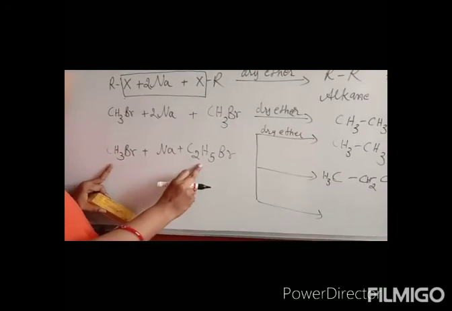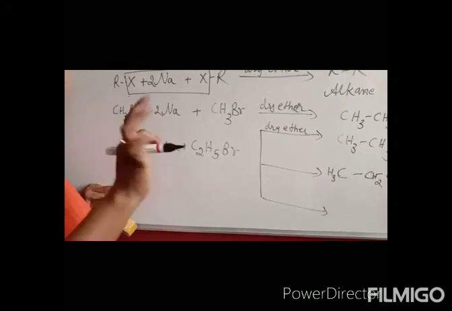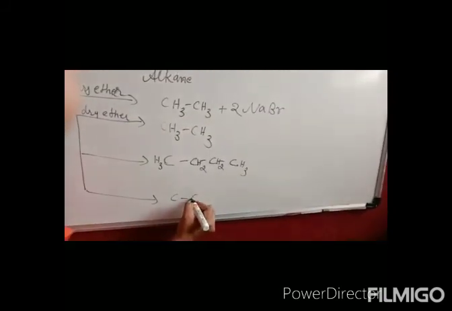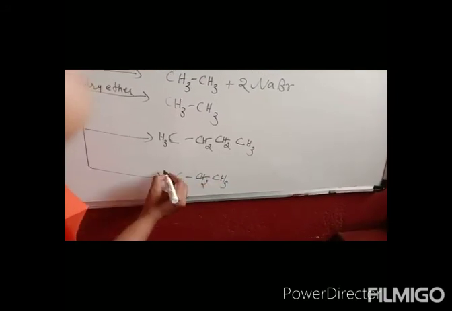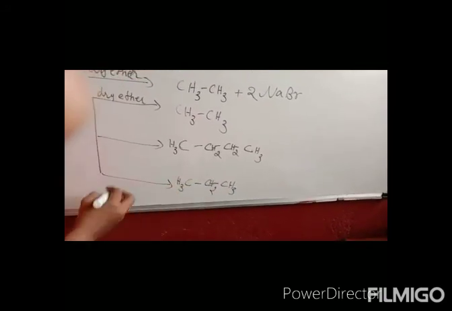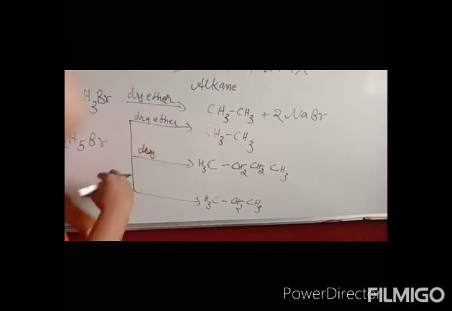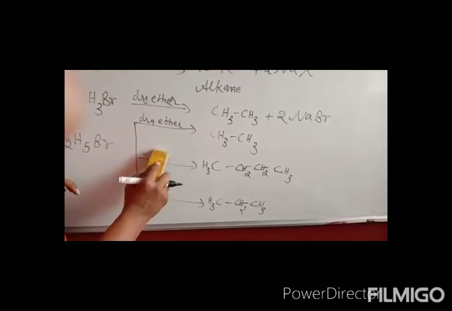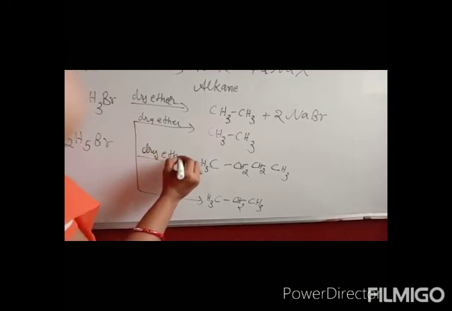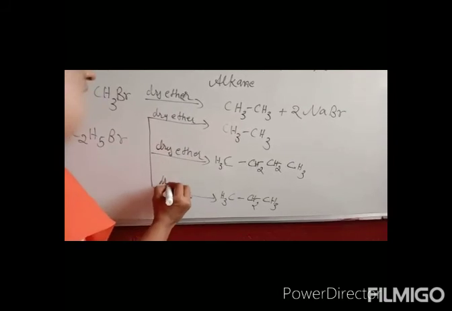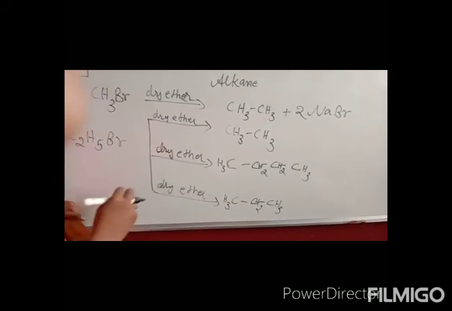CH3 and C2H5, one carbon plus two carbons is total 3, so I get my propane. Right? The other conditions remain the same, that is everywhere I prefer my dry ether. This reaction is called what?